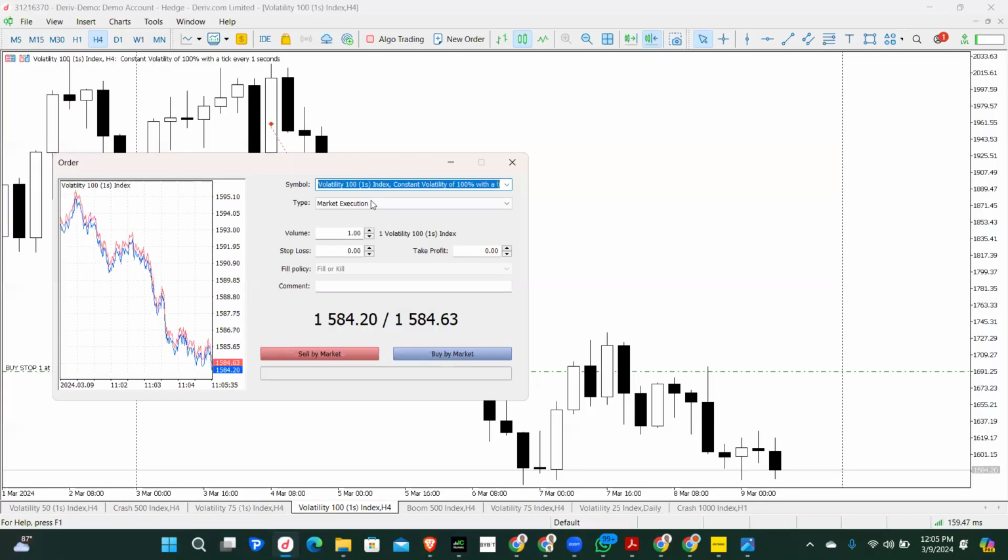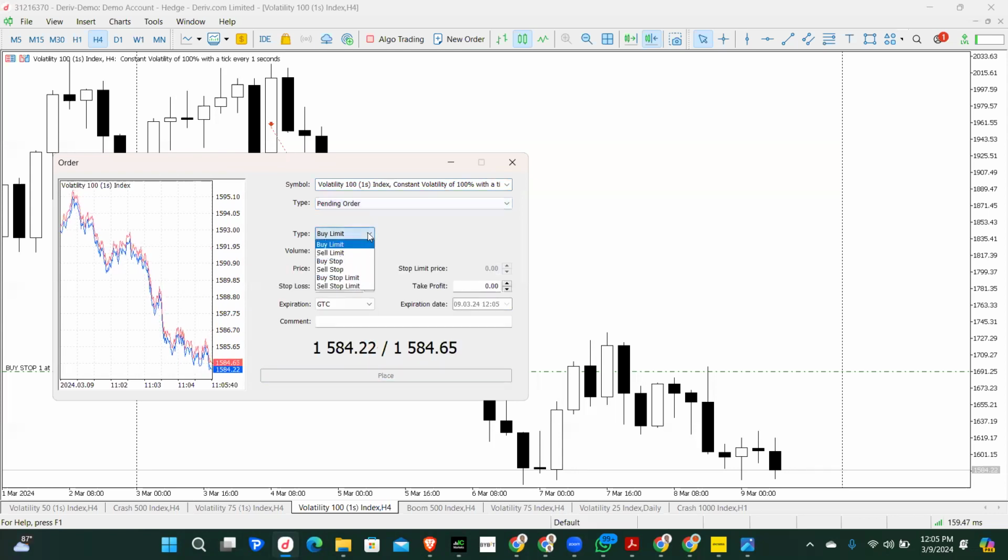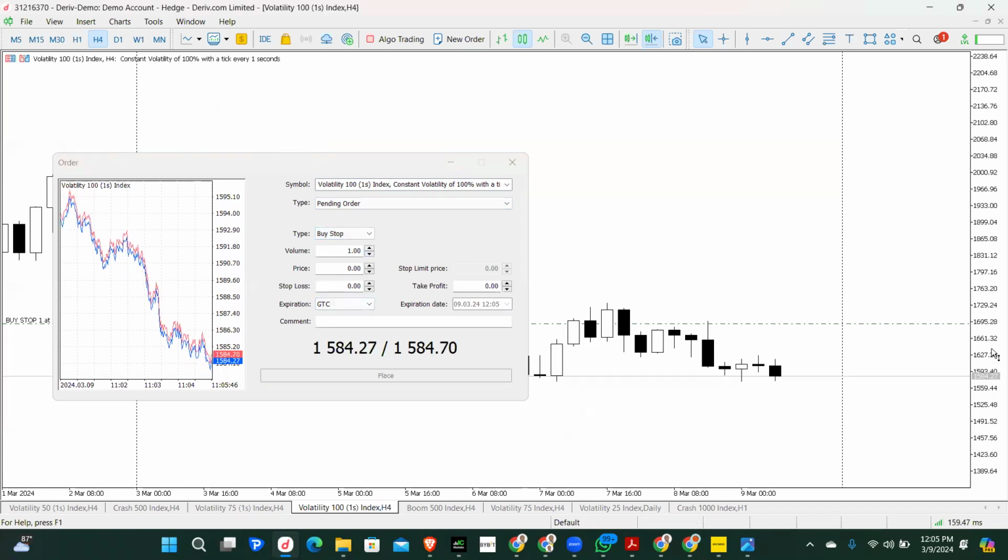I'll go back to pending order and back to buy stop. I want to buy at a price below the current market price, let's say 1491.52.